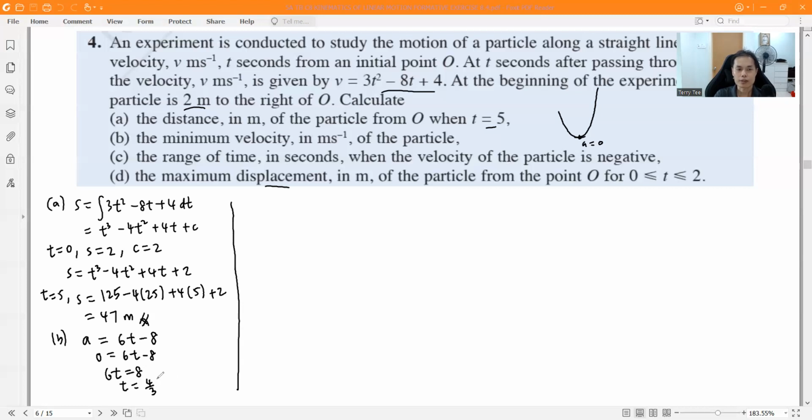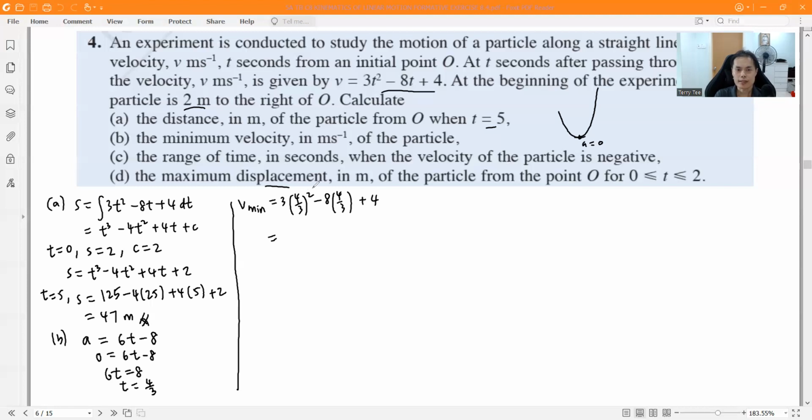Now take this 4 over 3 and substitute it inside v. So v will give us a minimum. When t is 4 over 3, you square it, minus 8 times 4 over 3, plus 4.